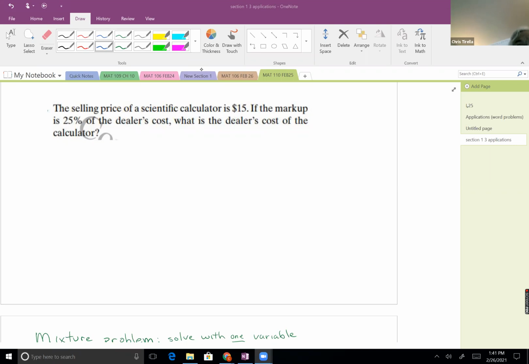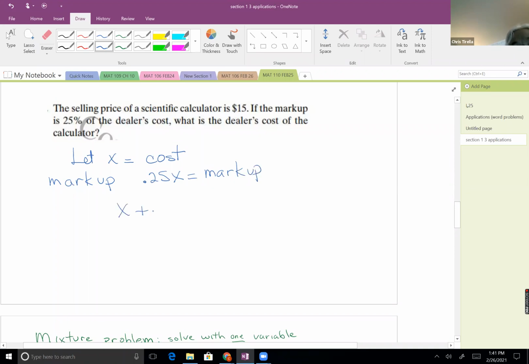All right. How are we doing? If I let X equal the cost, the markup is 25% of that. And the total is $15.